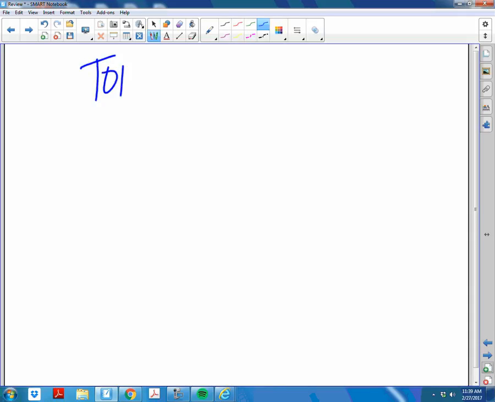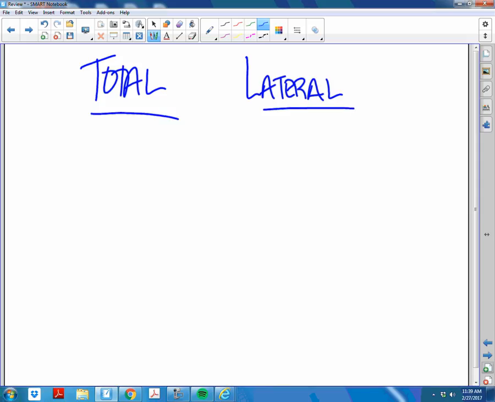The lateral surface area does not include our bases, or our base, in the case of a pyramid or a cone. Okay? The lateral surface area does not include the bases or the base, based off whether it might also be a pyramid or a cone.